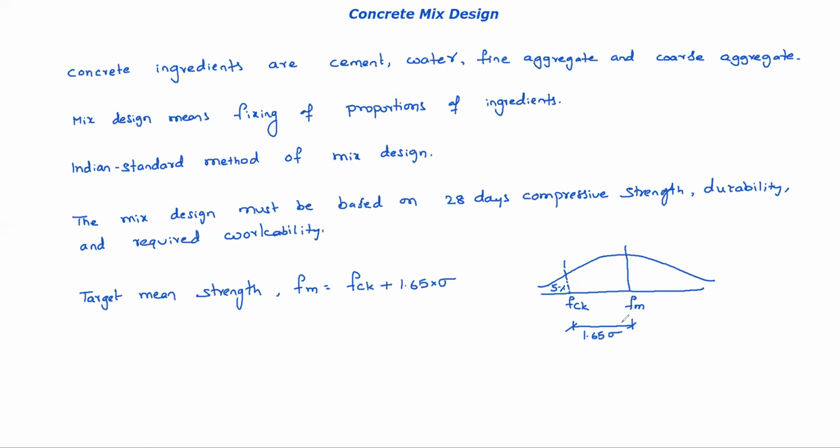Suppose M20 concrete means fck is 20. So how to know this standard deviation? Initially we don't know the standard deviation. That's why we need to assume it. Here fck is the characteristic compressive strength, for example 20 megapascal for M20 concrete and so on.